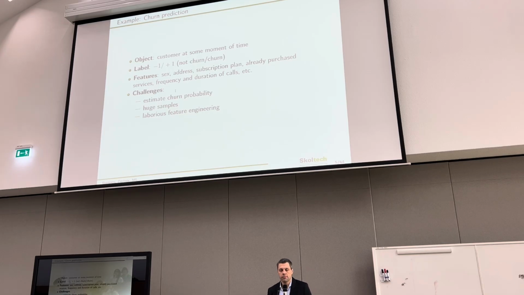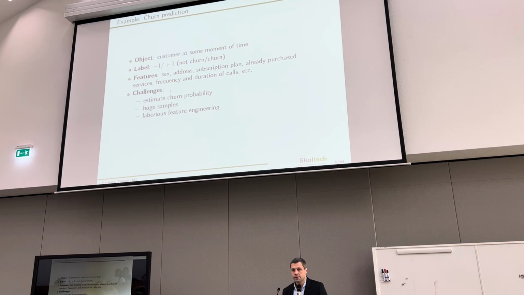There are many applied problems that can be formulated as binary classification. For example, an object is a customer at some moment of time. As features, we can use different characteristics of this customer, like whether a customer has a job or not, what frequency and duration of calls, what services were already purchased, and some other characteristics.